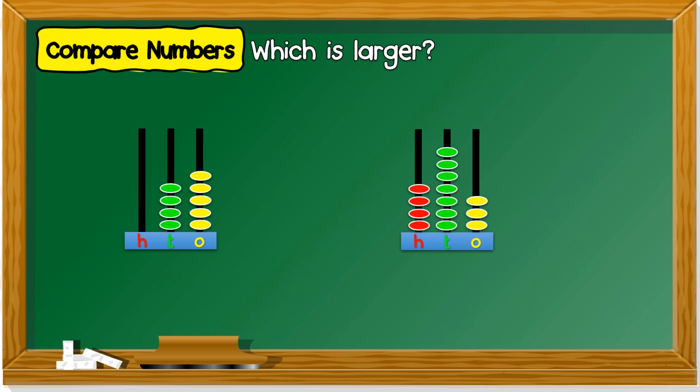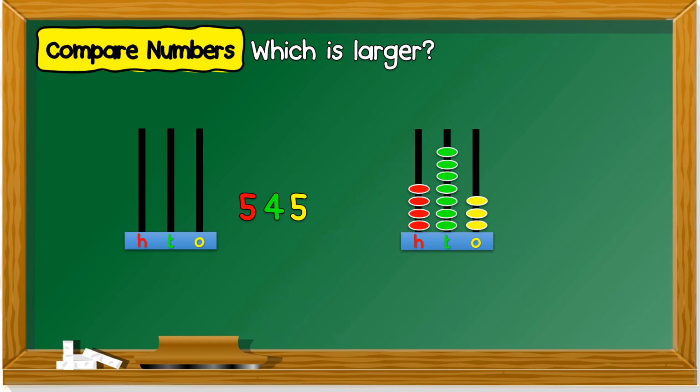So for hundreds, 5. How about tens? 1, 2, 3, 4. For tens. Ones, there are 1, 2, 3, 4, 5. So it's 545.